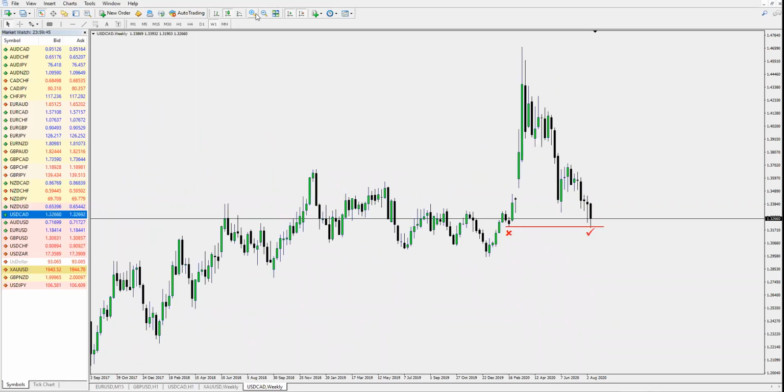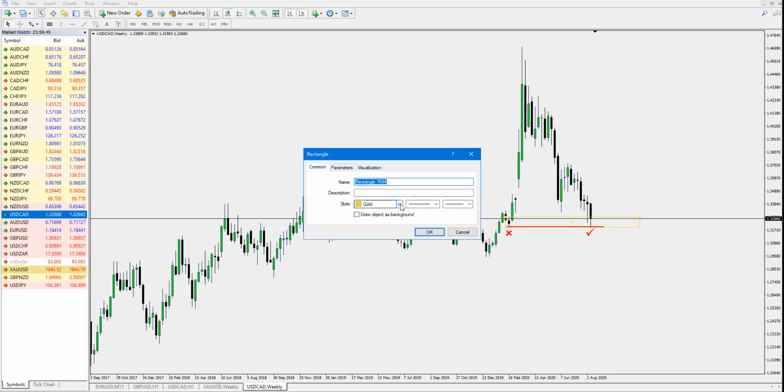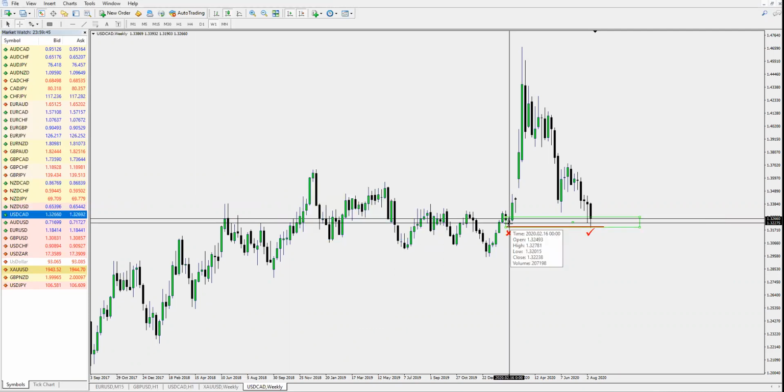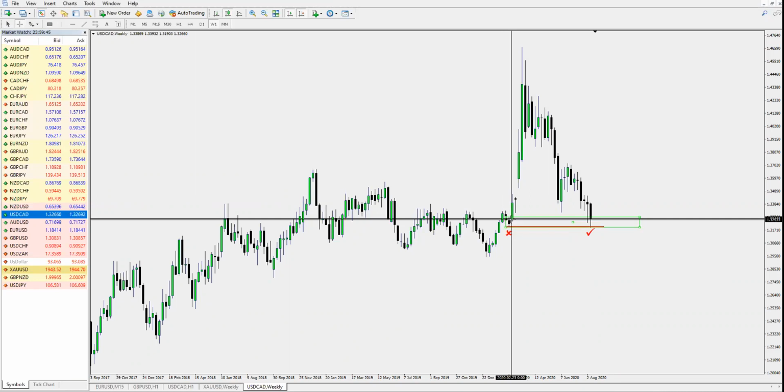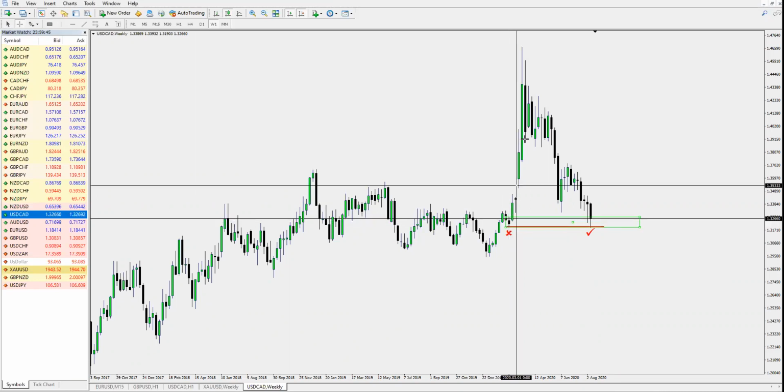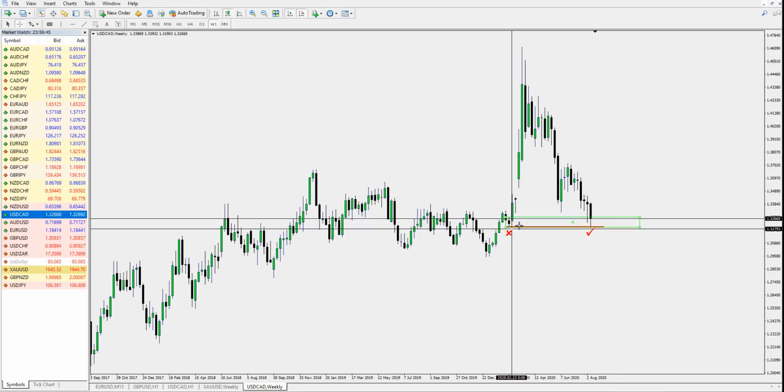If we look at the weekly chart, this is a weekly order block over here. So this bearish candle was traded through over here. This weekly candle over here was traded through, and that is a weekly order block.